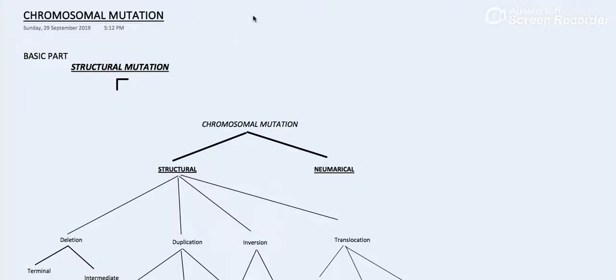Hello friends, today on this Sunday evening we are going to discuss chromosomal mutation, as we have already written on the left-hand side of our board. Before we start the discussion, it is a very basic part. We have already read it in graduation, and many of our students now read it at the HS level.